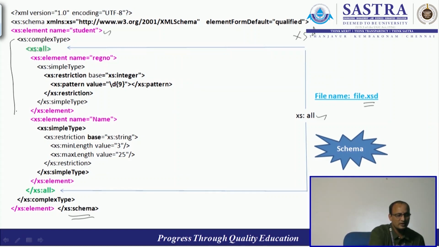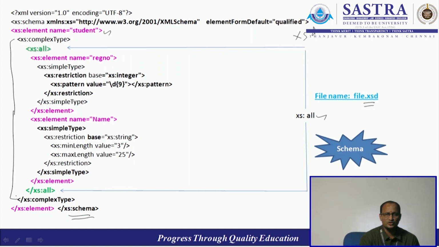this is a new concept we have, which is complex type. The complex type has been extended up to this because I have told you in the previous video lectures, XML schema can be categorized as simple type as well as complex type.